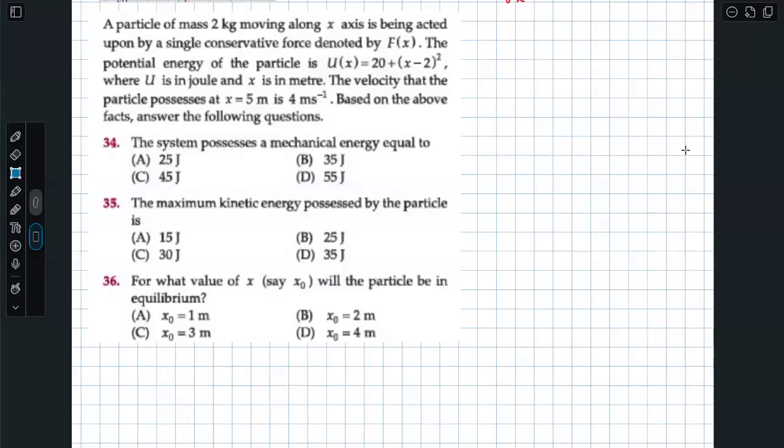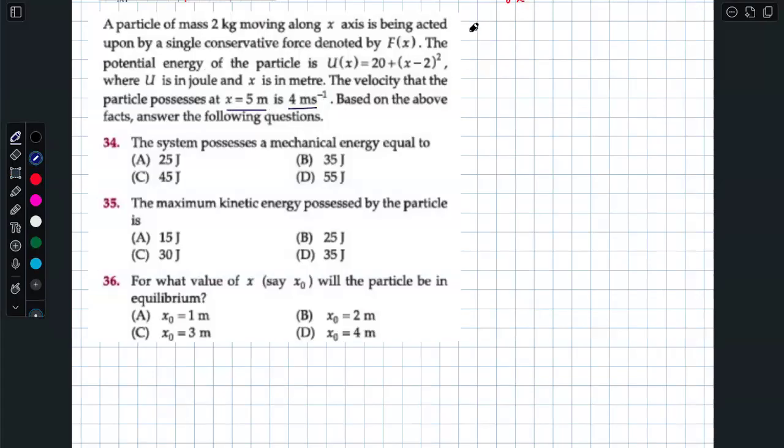Did we do this earlier by any chance? No? Right. So the potential energy of the particle is given. The velocity the particle possesses at x equal to 5 meters.